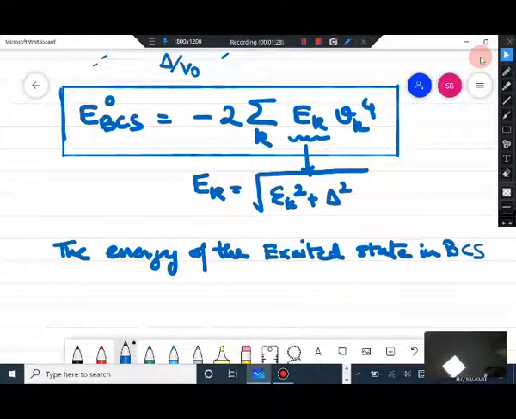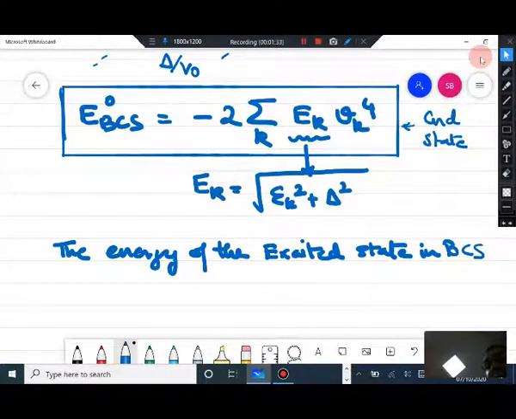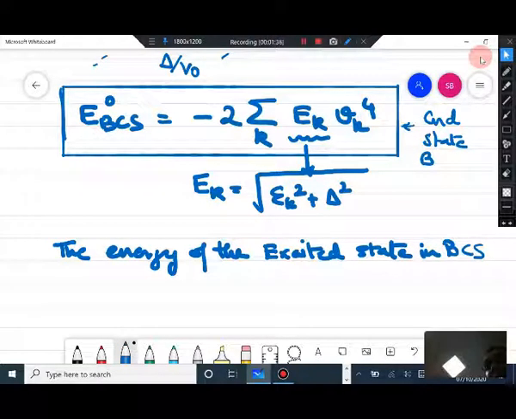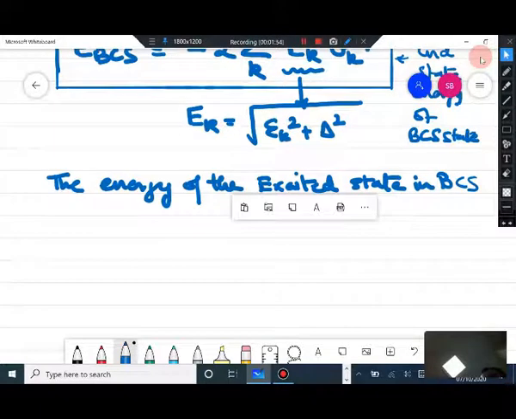Okay, this is the ground state energy of the BCS, the ground state energy of the state where all the particles are paired up. Okay, all particles are paired up, and this is the ground state energy. Now let us calculate the energy of the excited state in BCS.